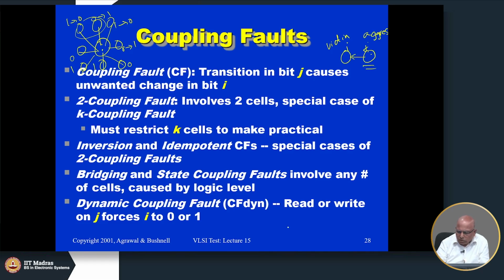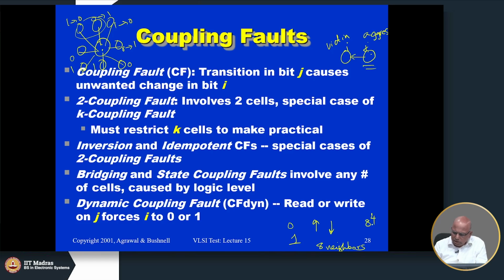The neighbor can be all 0, always 1, the neighbor can be rising, the neighbor could be falling, and there are how many neighbors? There are about 8 neighbors, isn't it? So, there are 4 to the power 8 combinations, isn't it?